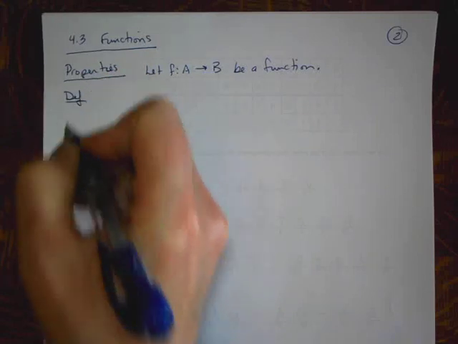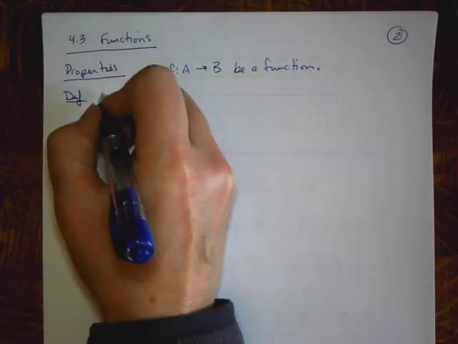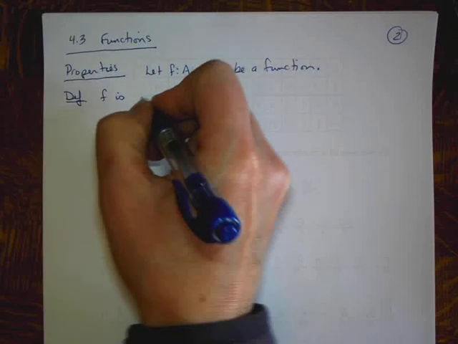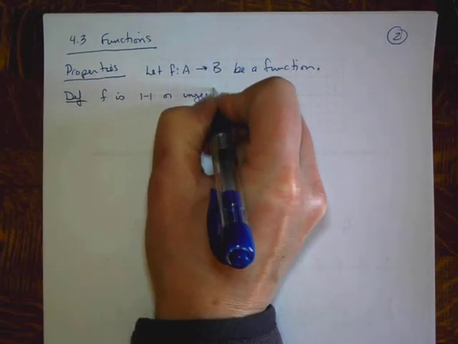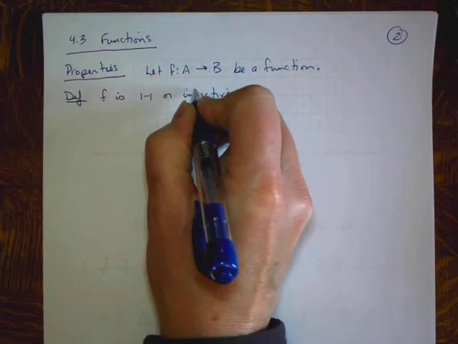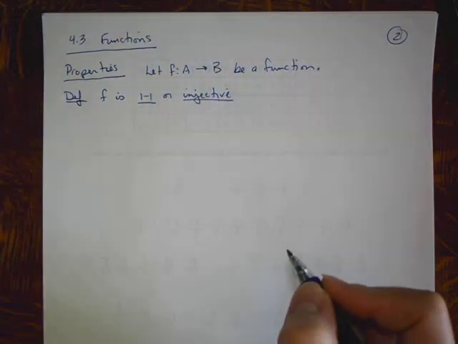Okay, so another property that a function might have, it doesn't need to have, is called one-to-one. So f is one-to-one or injective. These are two words for the same thing.